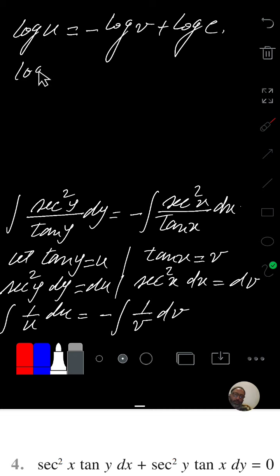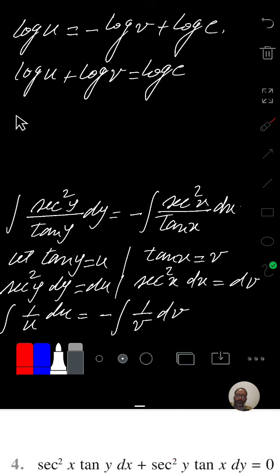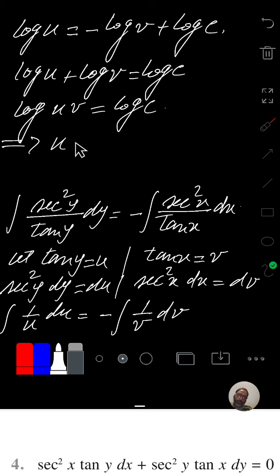So log u. Now transpose log v to left hand side, it becomes plus log v. On the right hand side we are left with log c. So log u plus log v by logarithmic property may be written as log u into v is equal to log c. So it implies that uv is equal to c.